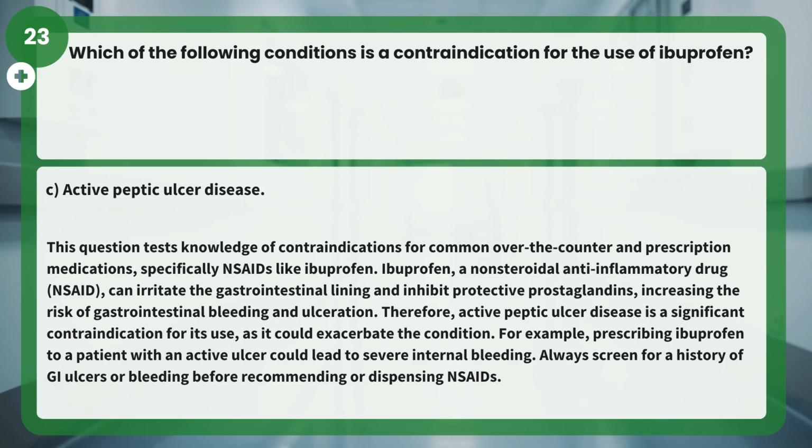Therefore, active peptic ulcer disease is a significant contraindication for its use, as it could exacerbate the condition. For example, prescribing ibuprofen to a patient with an active ulcer could lead to severe internal bleeding. Always screen for a history of GI ulcers or bleeding before recommending or dispensing NSAIDs.